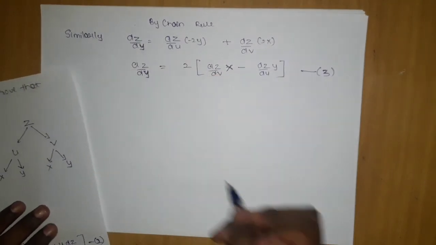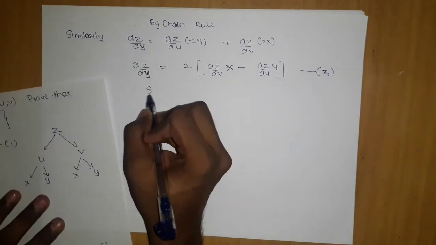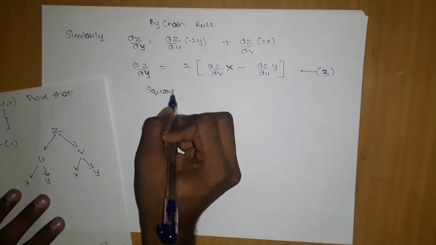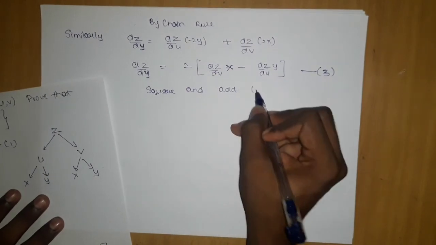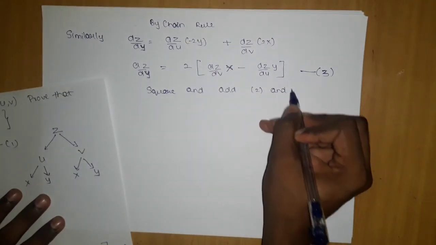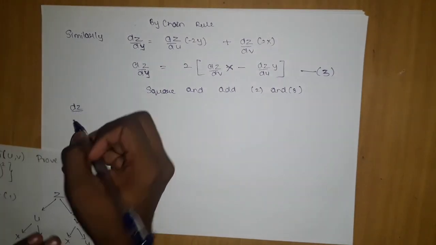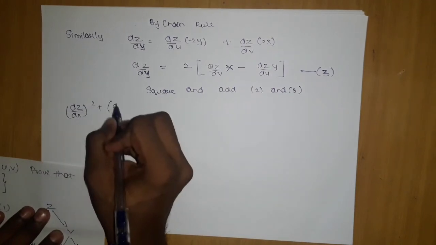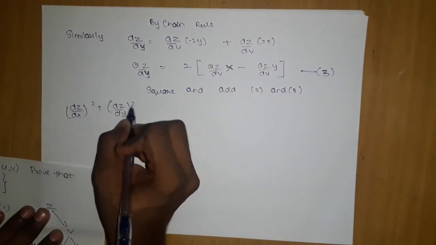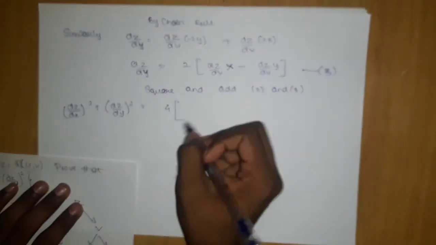So what we need to do is square and add 2 and 3. What are we getting? (∂z/∂x) whole square plus (∂z/∂y) whole square. We are going to get 4 outside throughout.